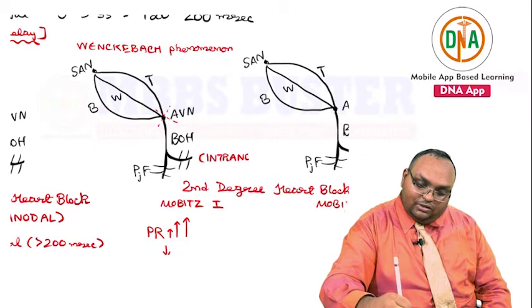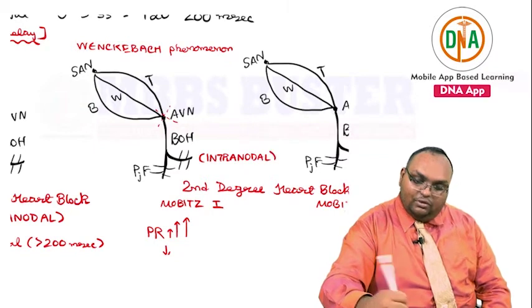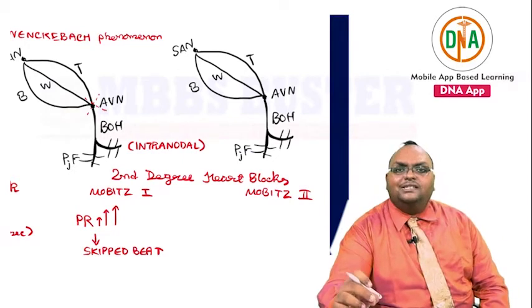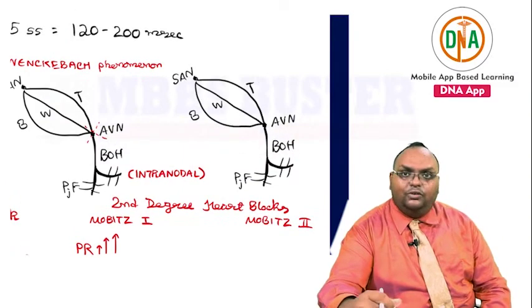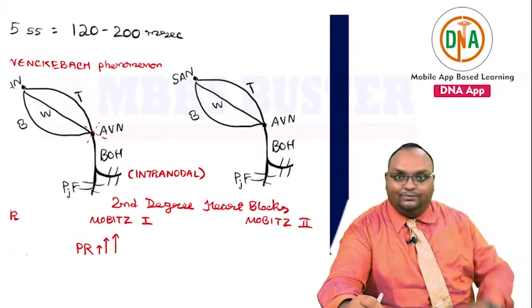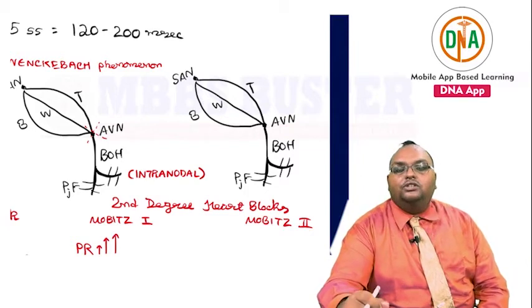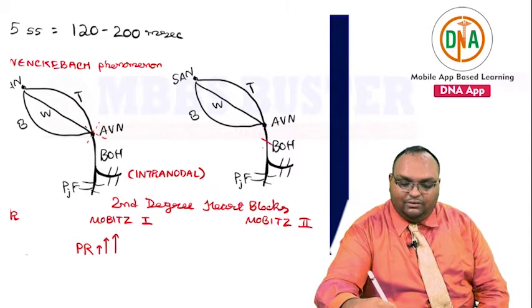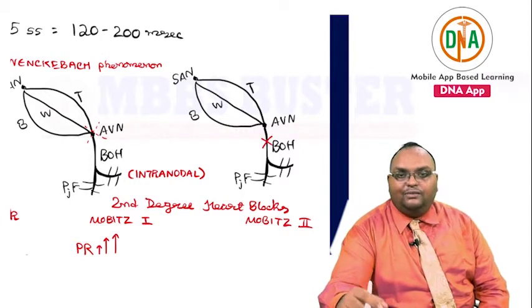Intranodal pathology. Okay. But if you talk about Mobitz type 2 heart block, second degree heart block, here the pathology does not lie in the AV node. Here the pathology lies in the bundle. What does that mean?